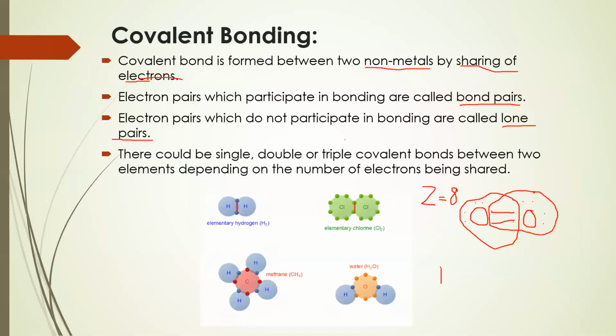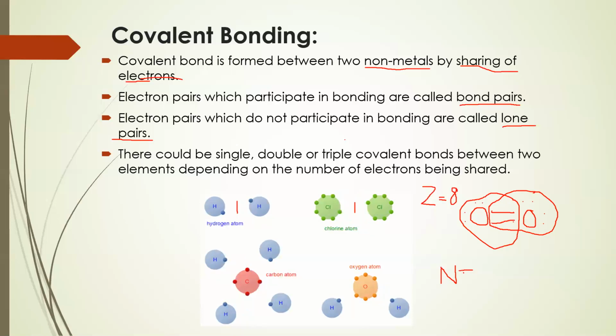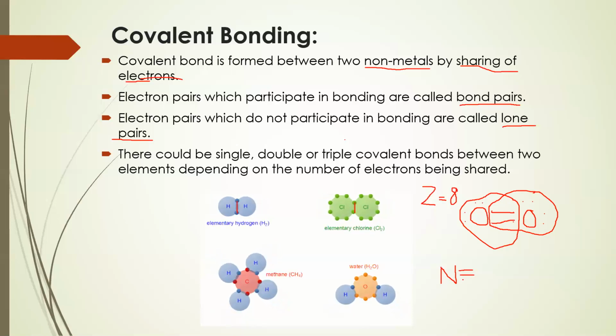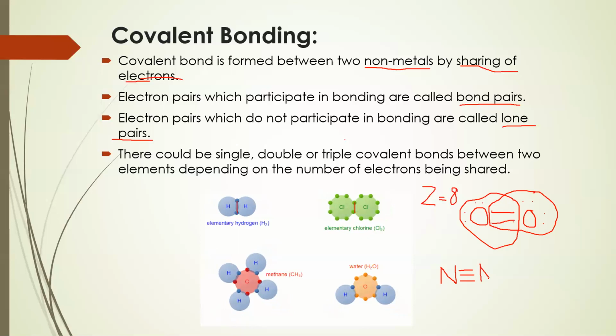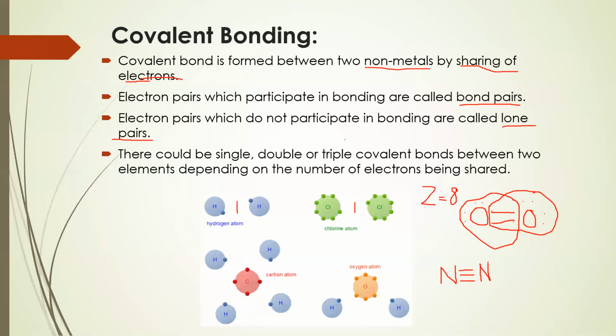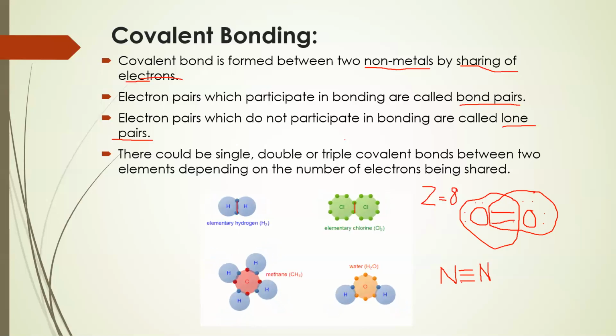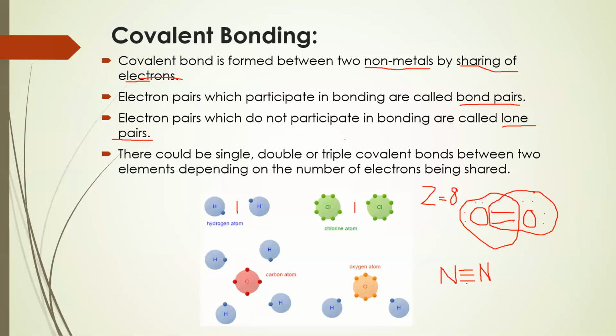Then where will we find the triple covalent bond? We find the triple covalent bond in the N2 molecule, by sharing 3 electrons each. Why does it share 3 electrons each? Because its atomic number is 7, so its configuration is 2, 5, and in the outermost shell it has only 5 electrons, so it will try to share 3 electrons.